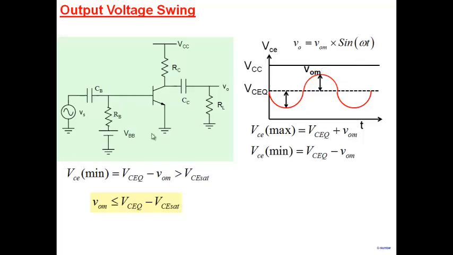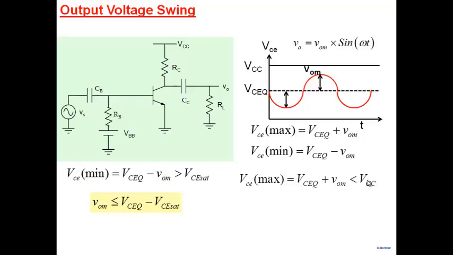That's the upper ceiling, just as there is a minimum floor. So maximum VCE must be less than the supply voltage.